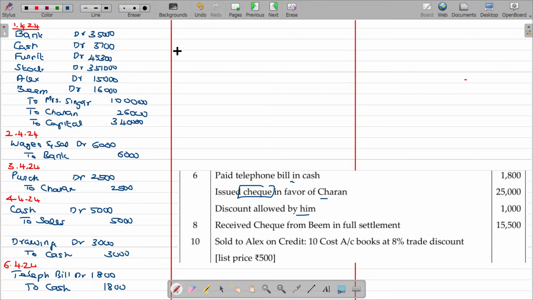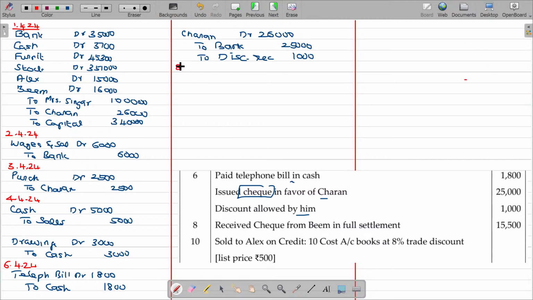So the entry being Charan account debit 26,000, settled to bank account, but we made payment of only 25,000 from our account, and 1,000 rupees we enjoyed as benefit. This is called discount received. Is that clear?